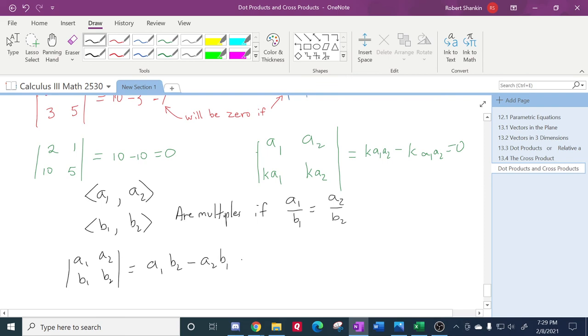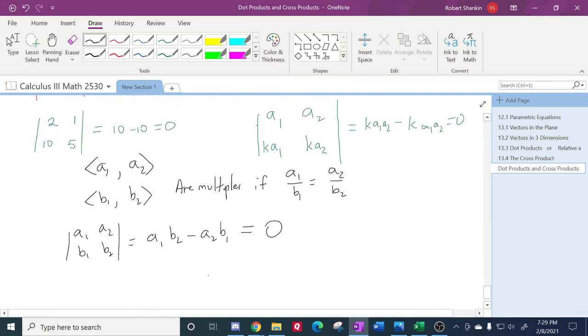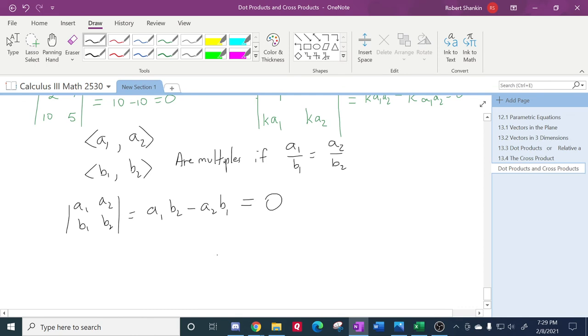And if it's 0, then that means you're not going to get a single solution. But if that's 0, that implies, let's move this to the other side, A1, B2 is equal to A2, B1.